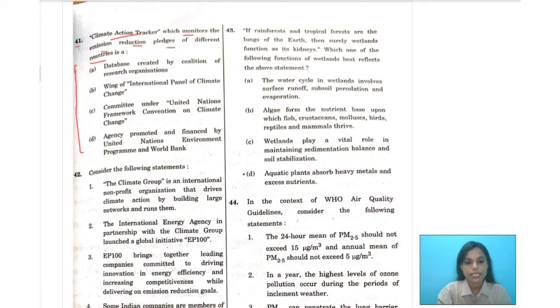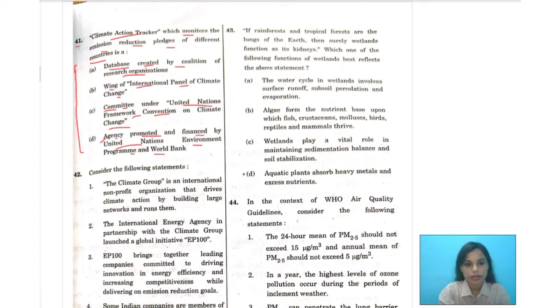Option A says database created by coalition of research organizations. The second option says wing of International Panel of Climate Change. Let's consider option C, committee under United Nations Framework Convention on Climate Change. And option D says agency promoted and financed by United Nations Environment Program and World Bank.